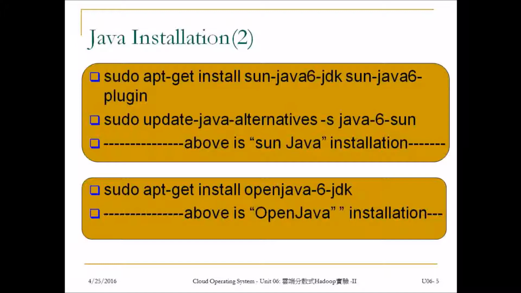The above is the Sun Java installation. You have to get and install the Sun Java SDK into your Ubuntu Enterprise Cloud. Another version of the Ubuntu Enterprise Cloud may need to download the Open Java package.